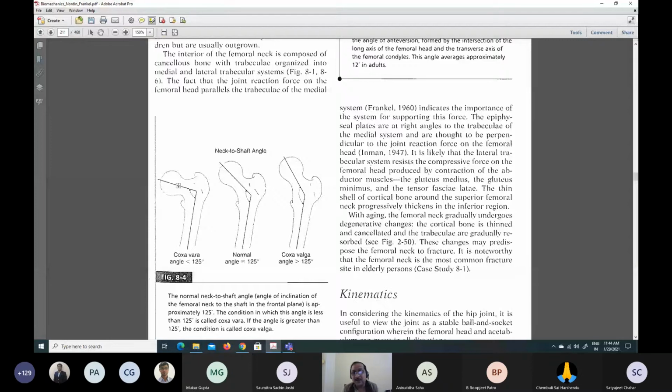So obviously, the joint reaction force for these three cases will be oriented in a different manner. The relationship with the mechanics is that the joint reaction force for a normal case as compared to varus or valgus deformity will obviously be different. So that you should be able to identify.